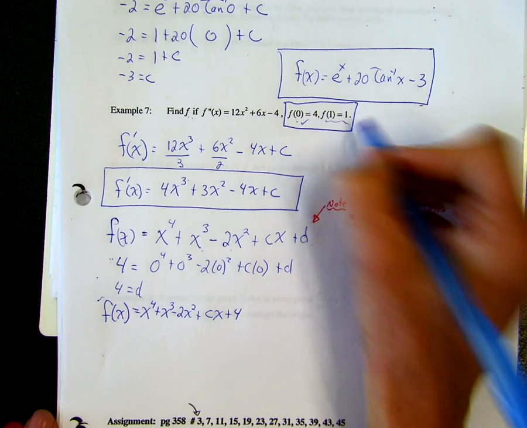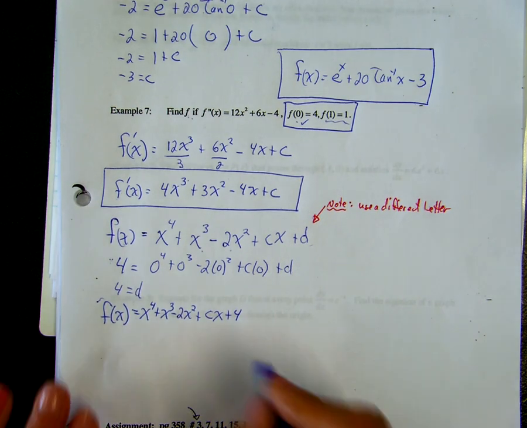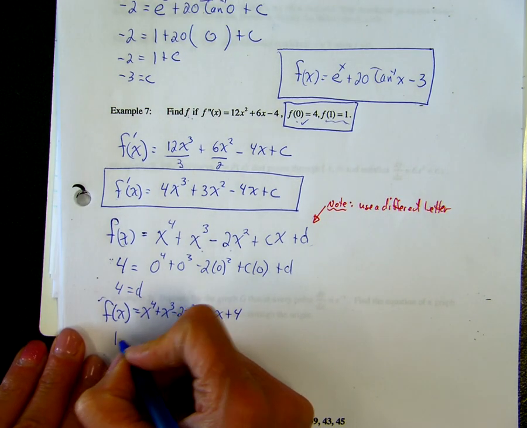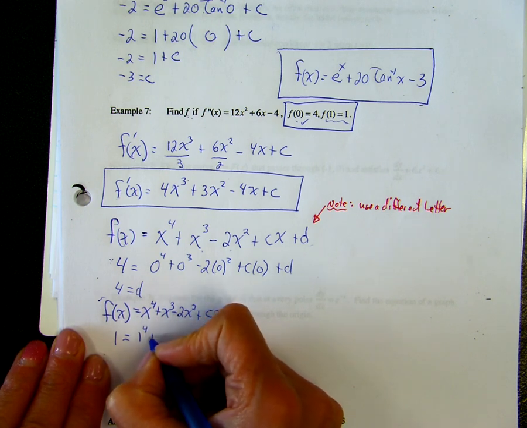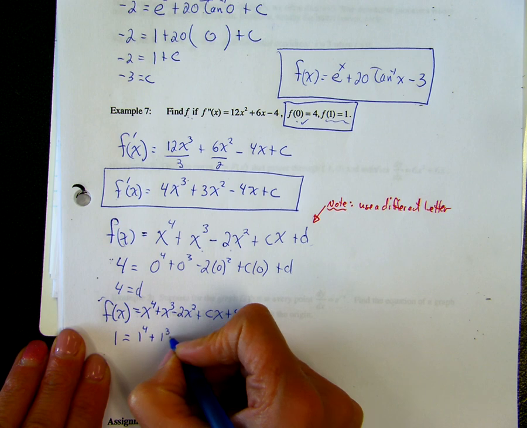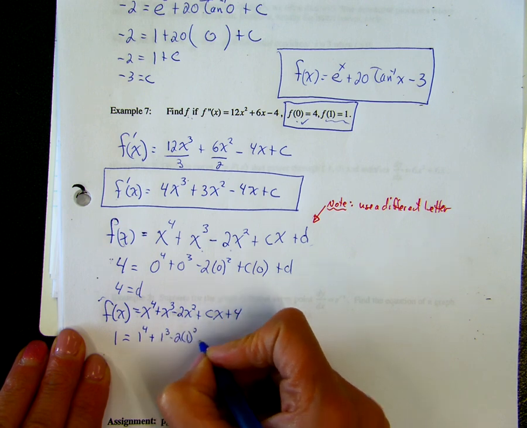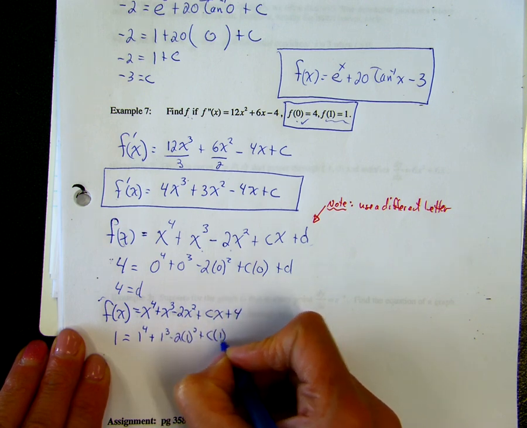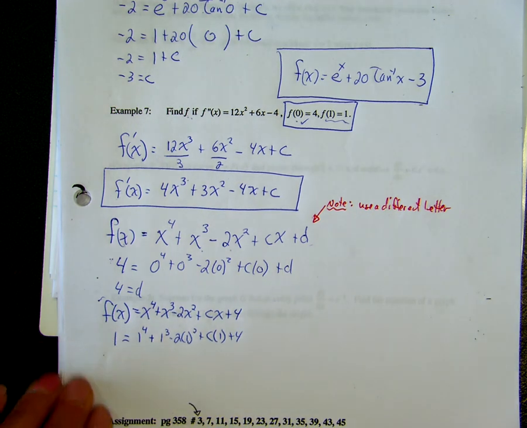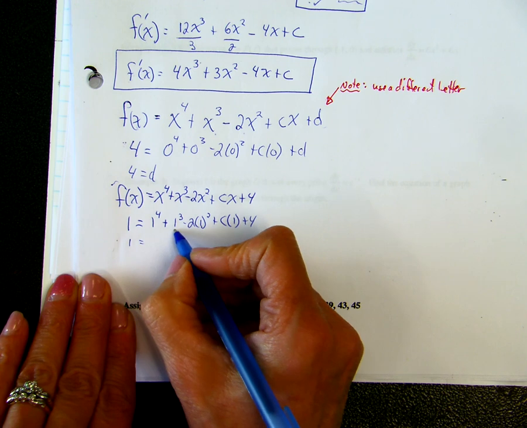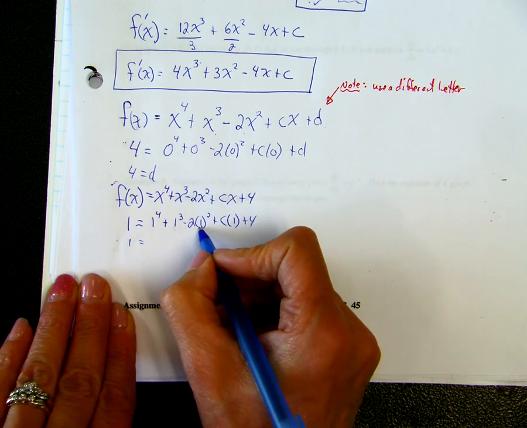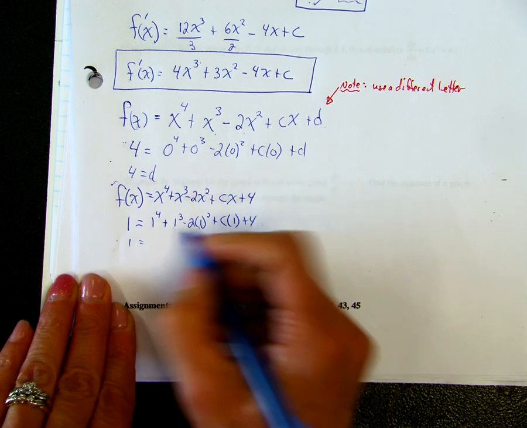Now let's try this information. The function at 1 is 1. So y is 1 when x is 1. So 1 is equal to 1 to the 4th plus 1 cubed minus 2 times 1 squared plus c times 1 plus 4. So I've got 1 is equal to 1 plus 1, 2, minus 2, plus c plus 4.